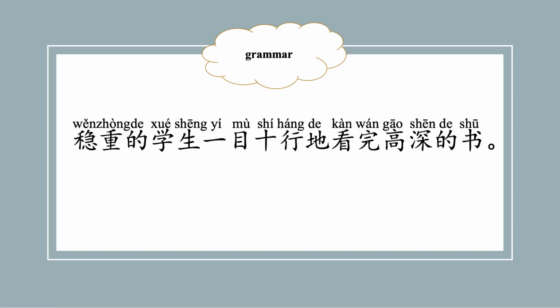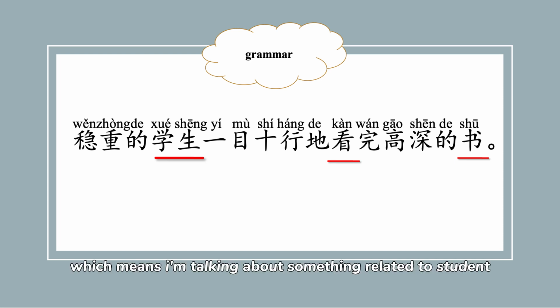For example, 稳重的学生一目十行地看完高深的书。You may not understand what 稳重的, 一目十行 or 高深的 mean, but we can understand the backbone of the sentence. 学生看书, student read the book, which means I'm talking about something related to students reading books.